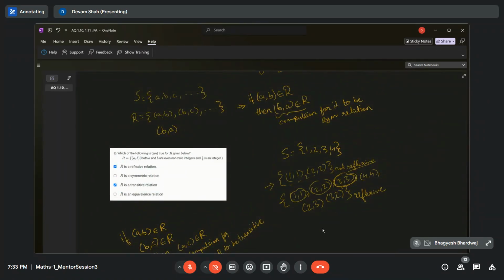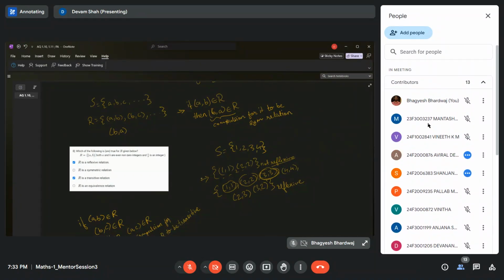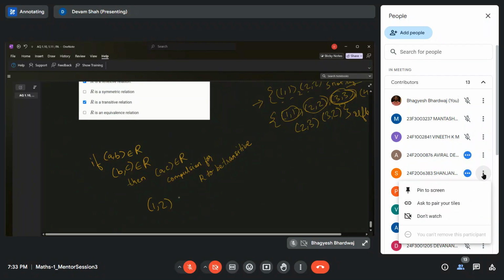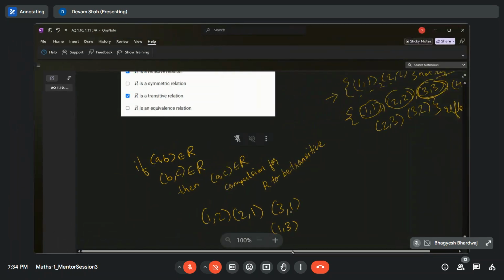Sir, in transitive, can other items also be present? What do you mean by other items? Like 1 and 2 are present, 2 and 3 are present, and 1 and 3 are also present. 1 and 2 are present, 2 and 1 are present, 3 and 1. Yeah, again, there is a problem. If you say like this, then 1 and 3 should also be present for it to be transitive. But yes, it can be something like this.